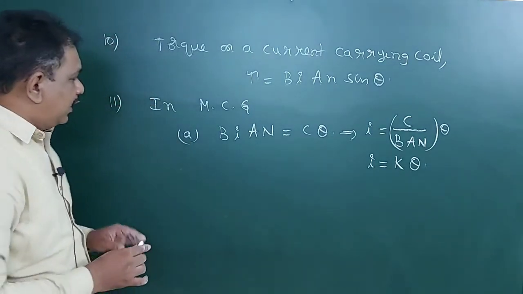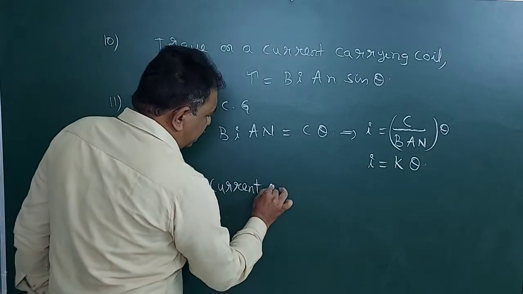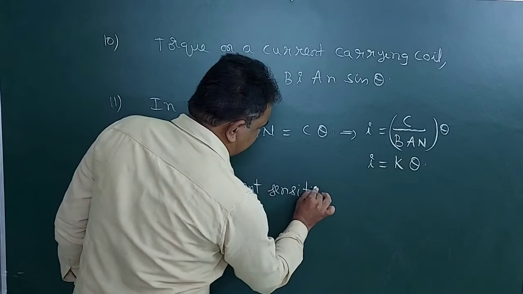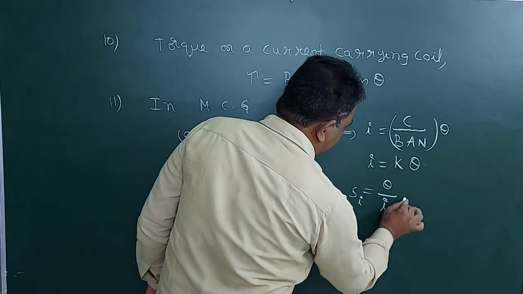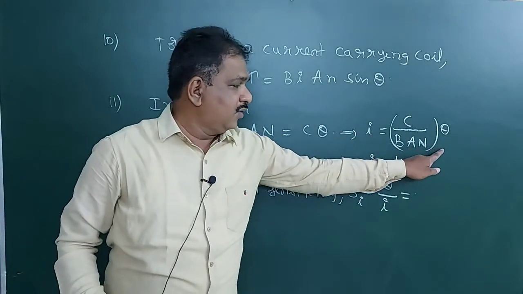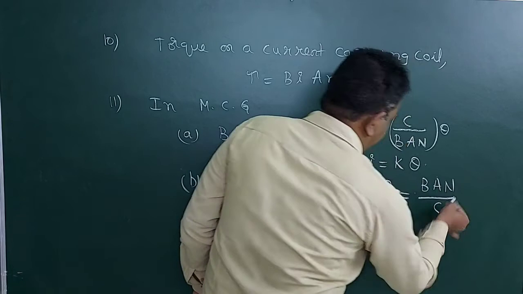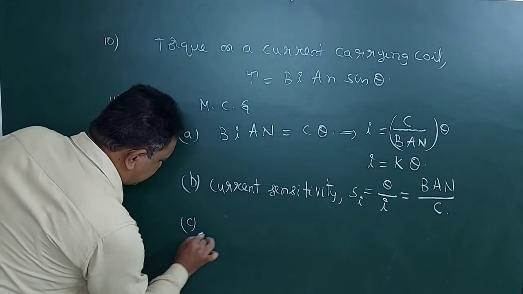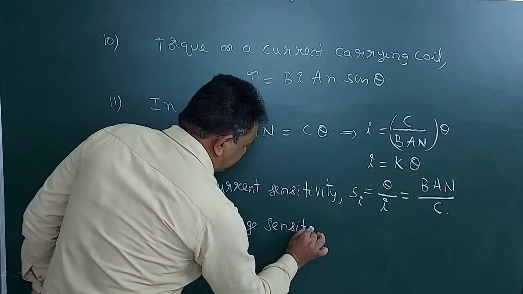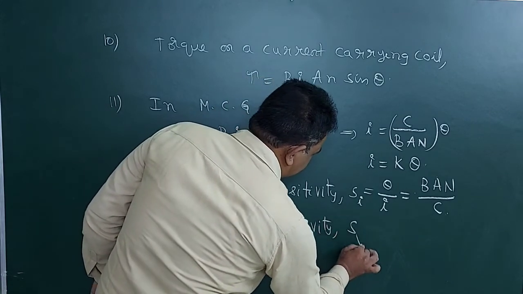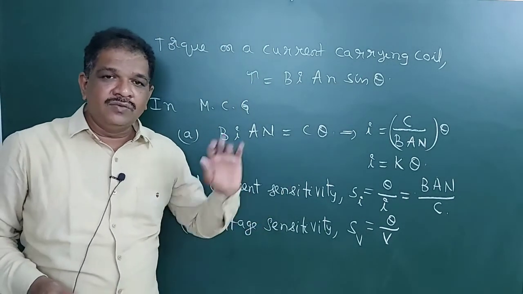Okay. Next, they will ask current sensitivity, S_I is equal to theta by I. You bring this I to this side, then this value will be B A N by C. Next, they will ask voltage sensitivity, S_V is equal to theta by V, deflection per unit voltage.